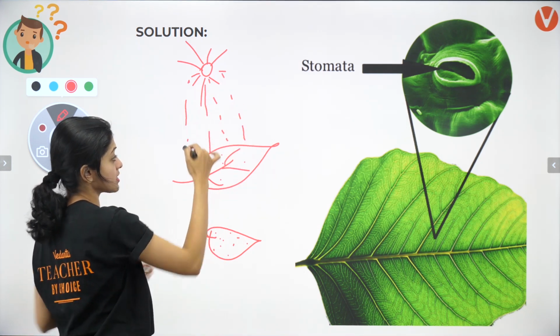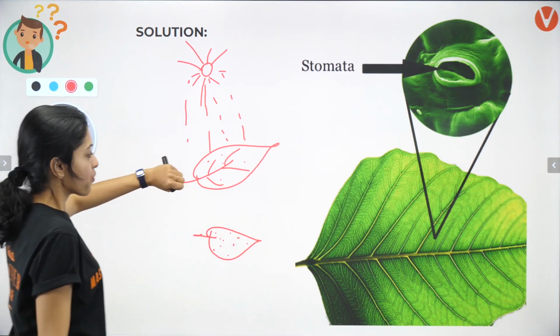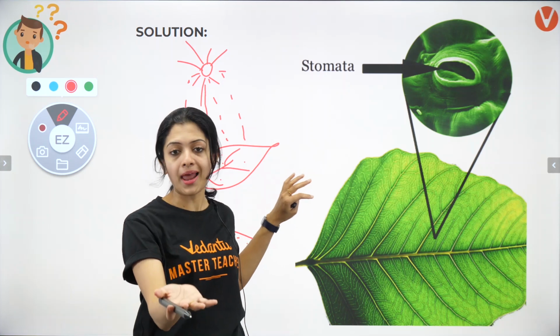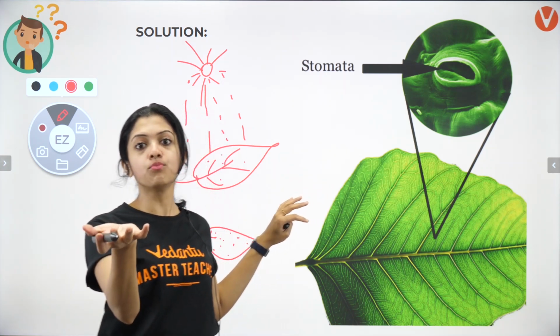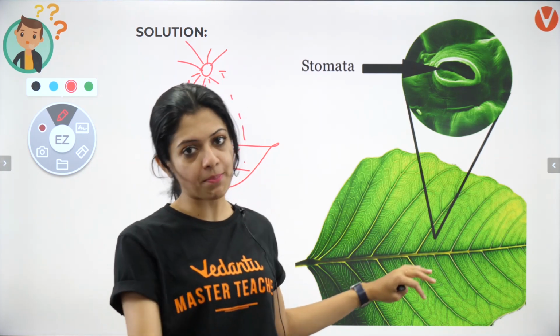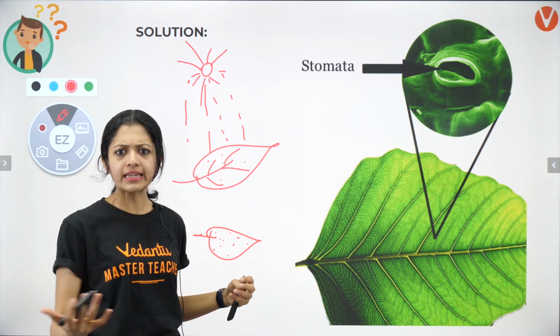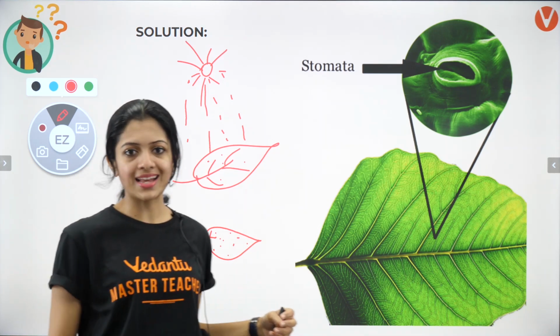This is not rain, it's just sun's rays falling on the leaf. So what happens when it's falling directly on the plant? It's falling directly on the upper part of the leaf, which is the dorsal part of the leaf, which means transpiration is quite likely to happen more from that side, right?